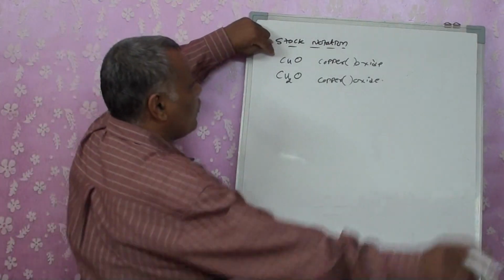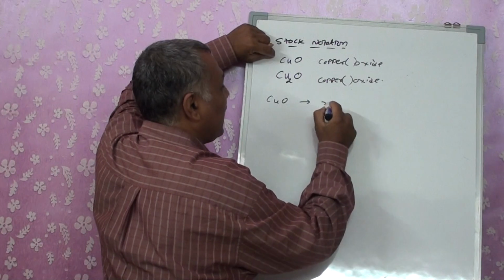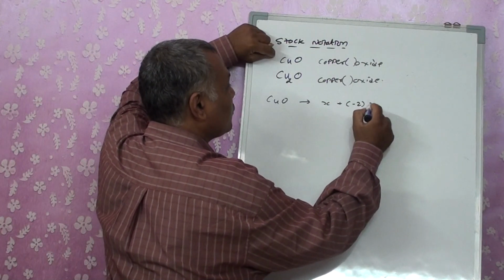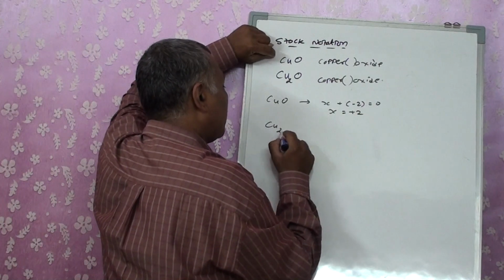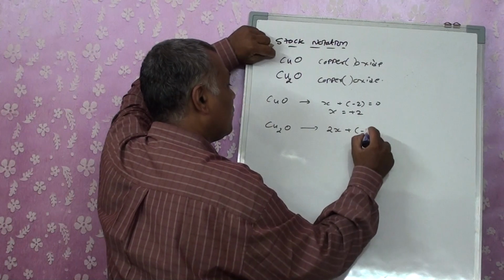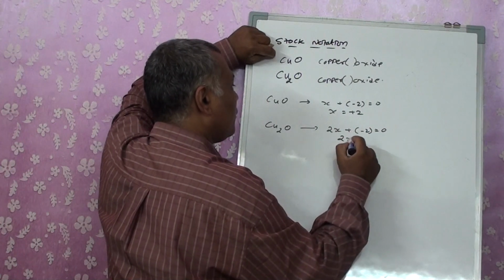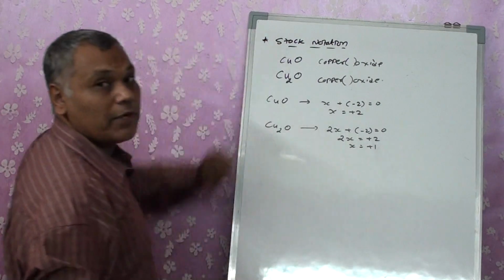Now if I go for CuO, we have x plus minus 2 equals 0. So x will be equal to plus 2. Whereas in the case of Cu2O, 2x plus minus 2 equals 0, 2x is equal to plus 2, x equals plus 1.